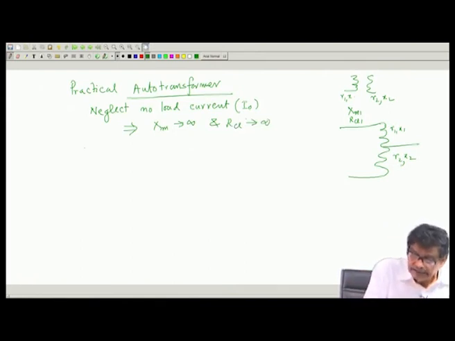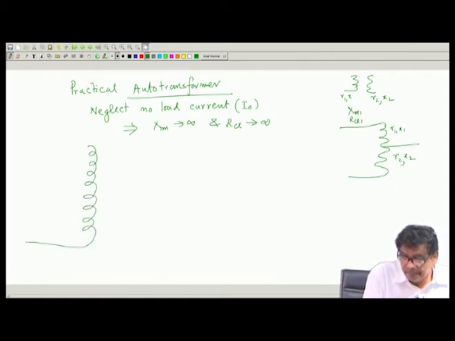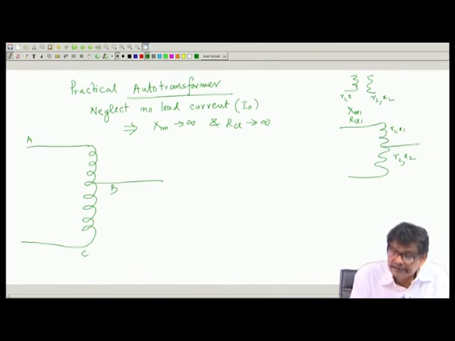Now I will first draw, as usual, this is my transformer and I use this nomenclature A C and this is B C. I will say that N A C is equal to N 1 and N B C is equal to N 2.